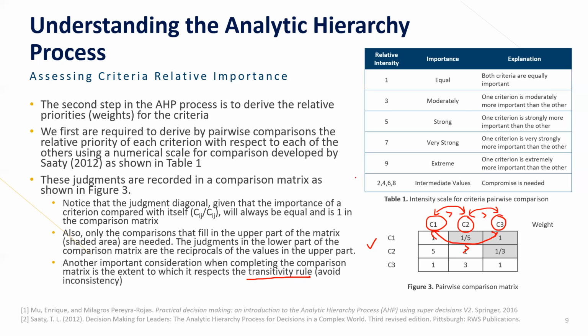But sometimes, because it's a human making the decision, you will give a value that is not that. So later on, we will have a mechanism to check whether your judgment is consistent or not. But for now, the concept of the transitivity rule is like that.